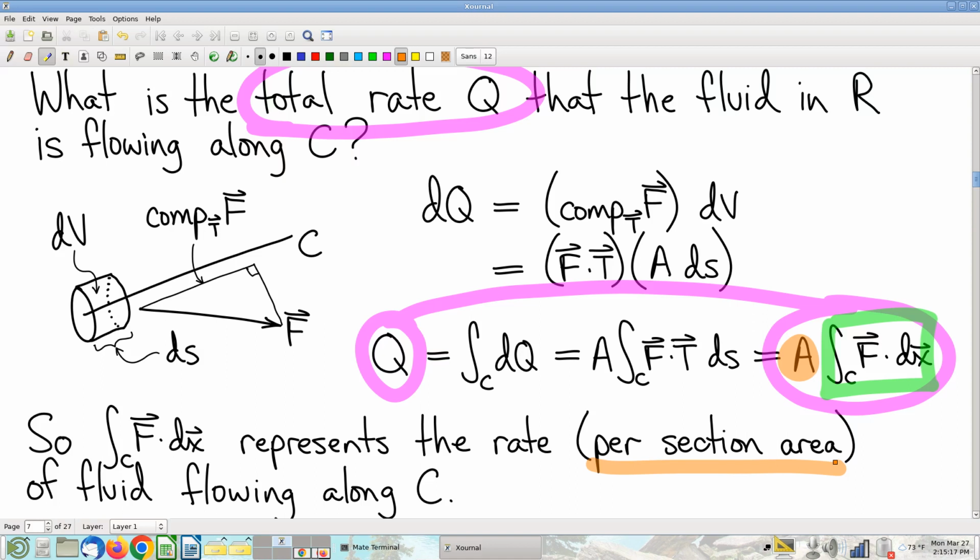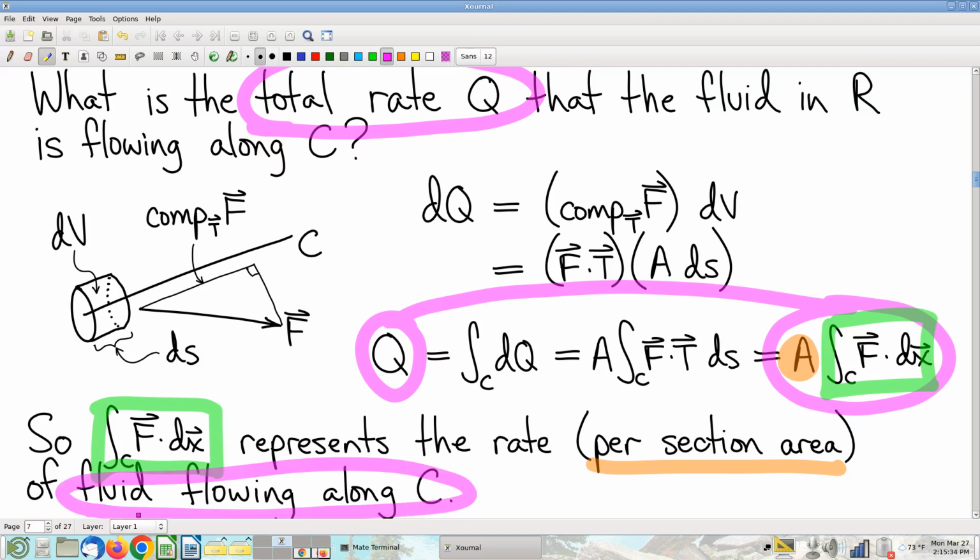Obviously, if you have bigger areas, then you're going to have more fluid, and that leads to a bigger quantity. Sure, of course. So per cross-sectional area, the vector line integral represents how much the fluid is flowing along the curve in the sense that we analyzed in this question.